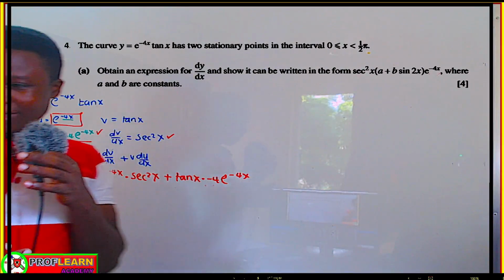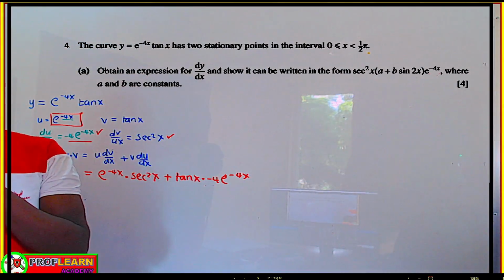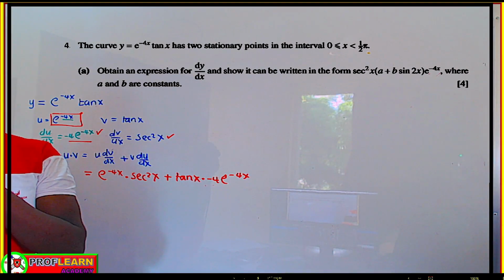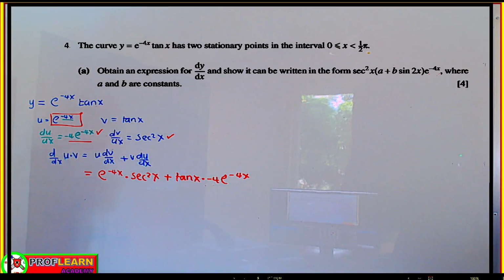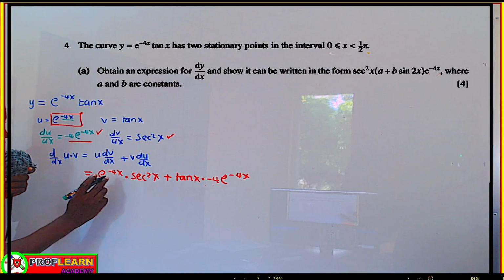Now, remember, you have to look at the way the expression was actually given. The expression was supposed to be given in the form of sec squared x into a plus sine 2x. So at that given point, we can try to see what we can manipulate in order to have that. I can factor out.